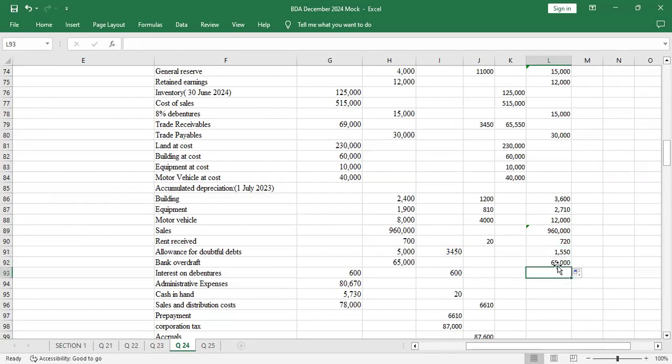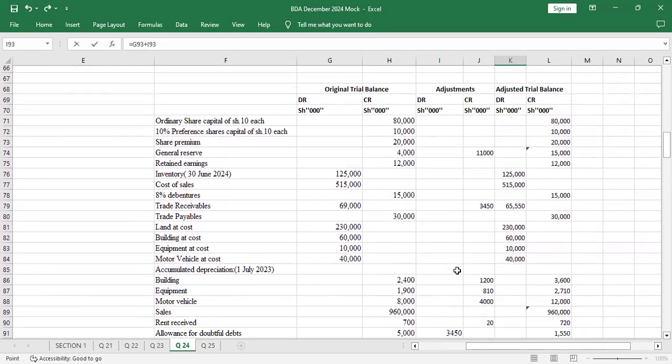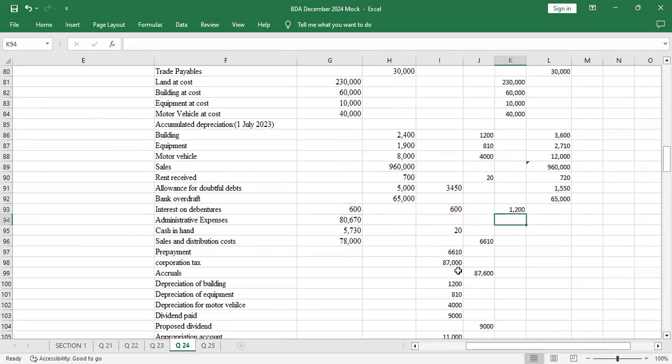So I'll just drag to get it at 65,000. Interest on debenture is an expense, so there will be an increase. I'll take the original one, 600, plus the one on the adjustment, because both appear on the debit side. That's the secret. Both appear on the debit side. Then administrative expenses, we'll have this.